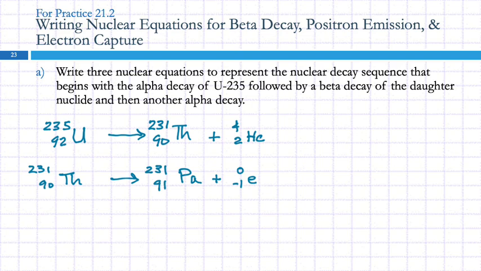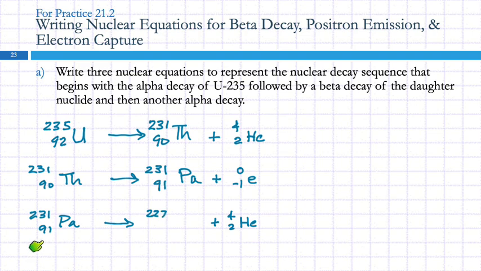And then it says another alpha decay. So we take that one, Pa 91. So alpha decay, we've got the helium again for the alpha particle. And then here 231, what plus 4 is 231, it's 227.